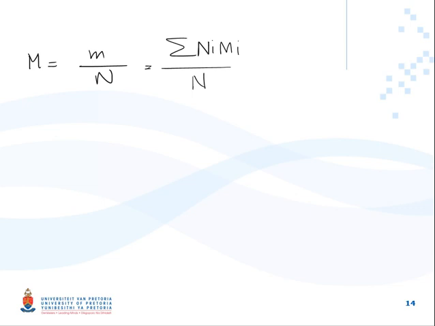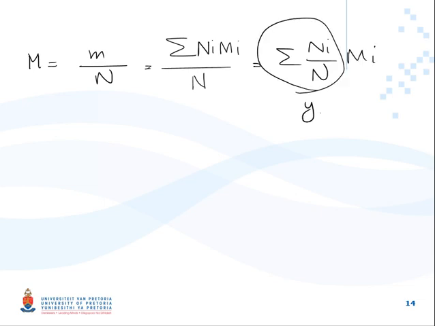It's very simple. So it will be sigma Ni and Mi. What is this? We just talked about it, which is Yi, the mole fraction. Let me just write it, mole fraction.